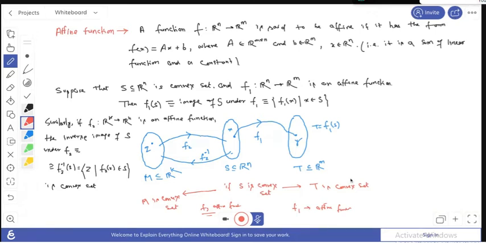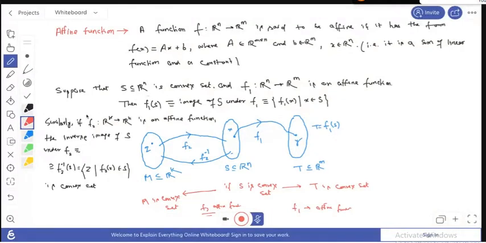Okay, so this is a simple relation between what is an affine function, and if we take the set as a convex set, then our image and inverse image are also convex sets. Okay.